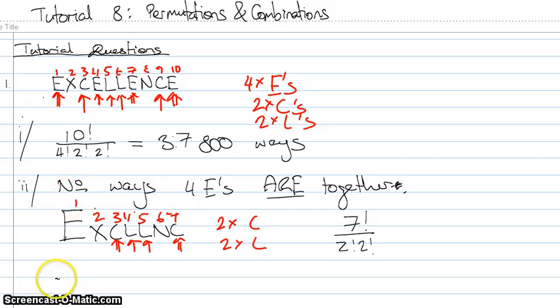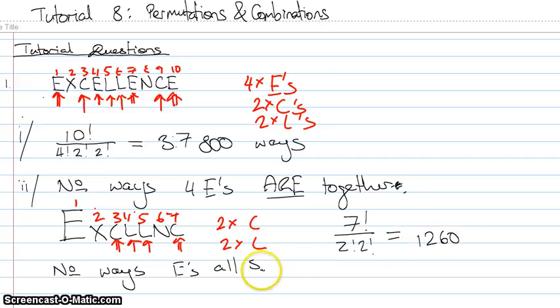So, the number of ways that the E's are all separate. Oh, sorry, this is equal to 1,260. So the number of ways where the E's are all separate equals our total number minus ways the E's are together.